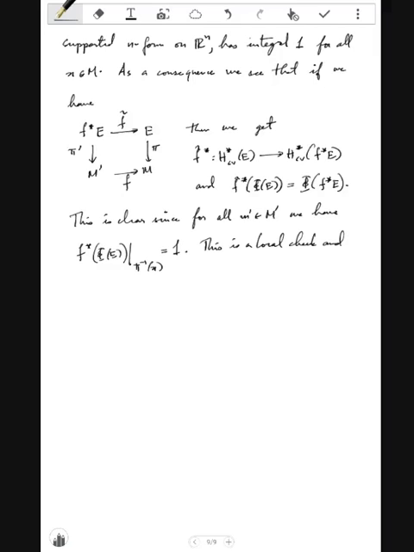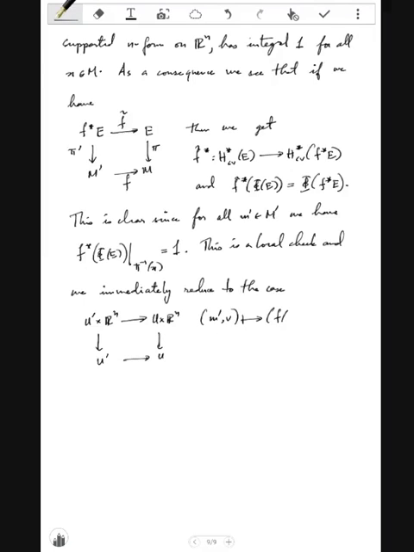And we immediately reduce to the case, and then the assertion is obvious.